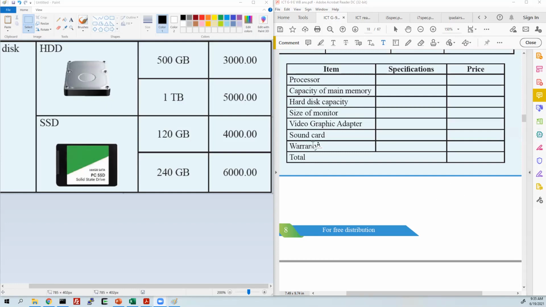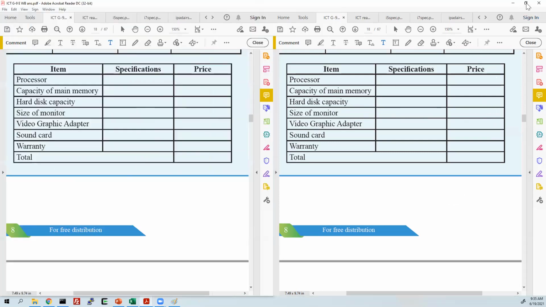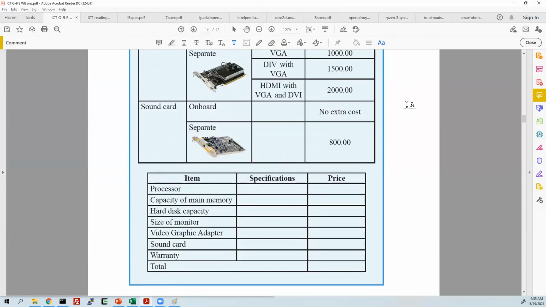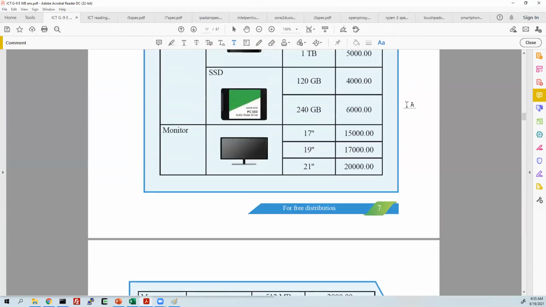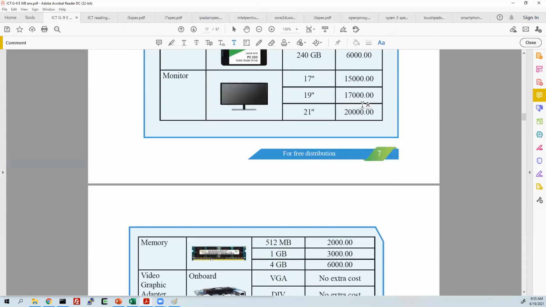But anyway, the next one we have to select is the size of the monitor. So first of all, take down the size, the specification and the price, right? Now let me share quickly. Monitors are here.